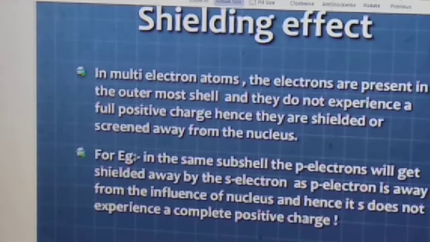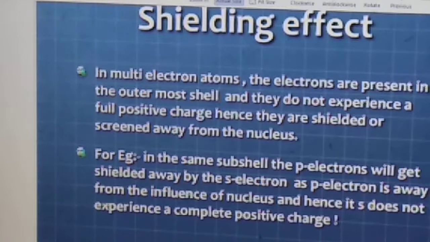The electrons present in the valence shell experience two types of force. One is the attractive force by the nucleus, and the second is the repulsive force created by the inner shell electrons.